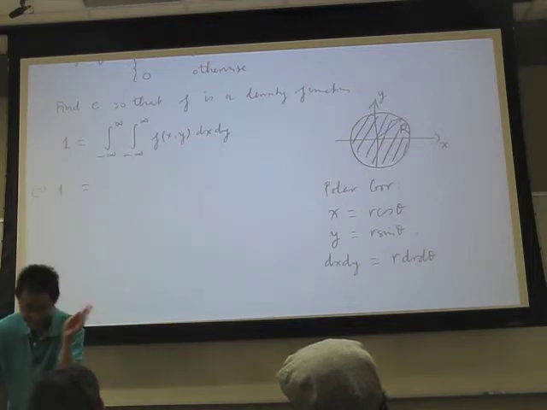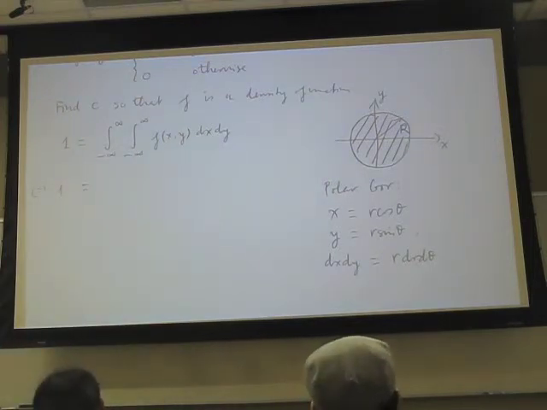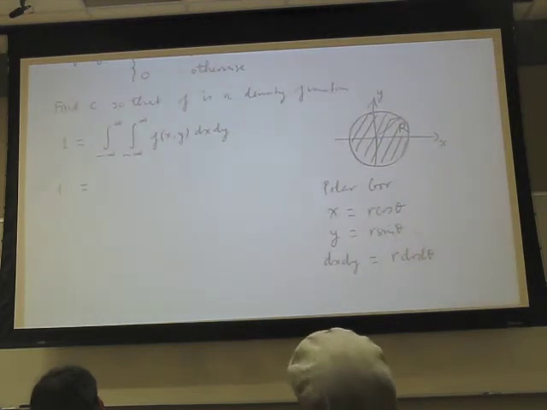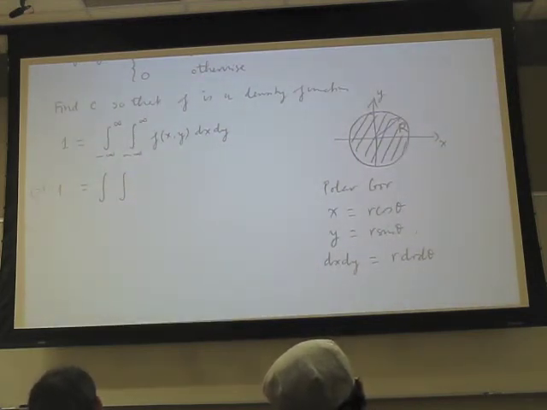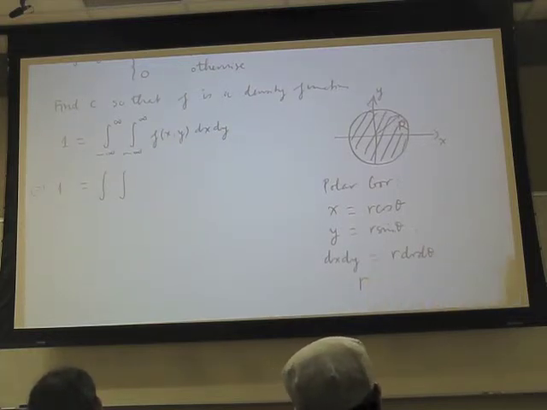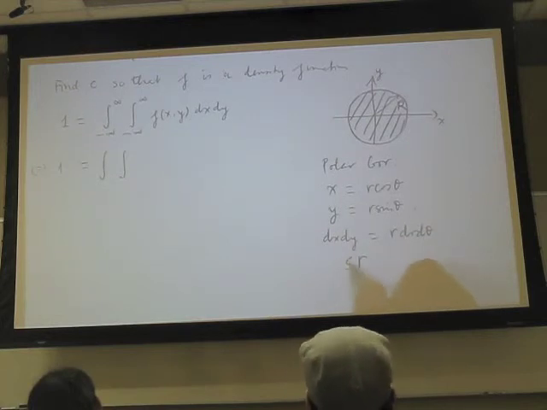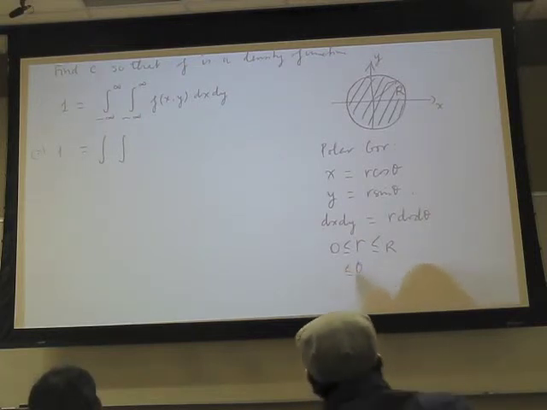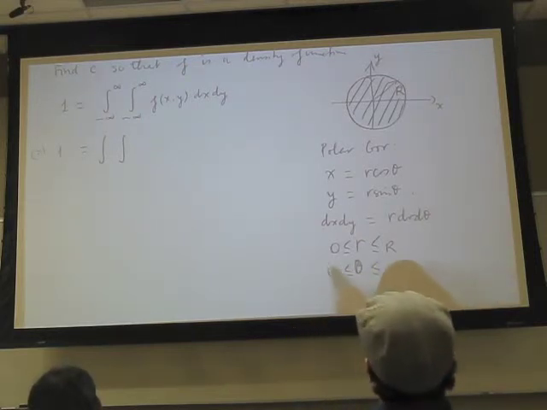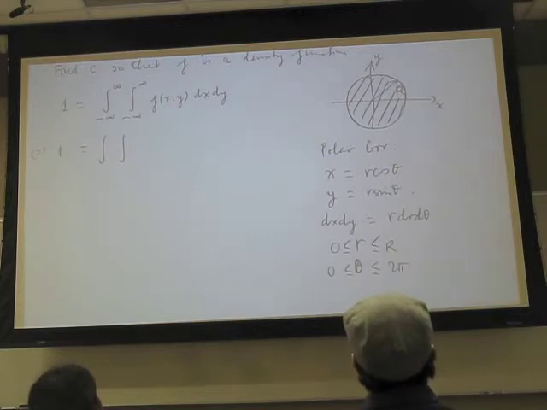So the limit for little r goes from 0 to capital R, correct? And then theta is from 0 to 2 pi. Can you see that?